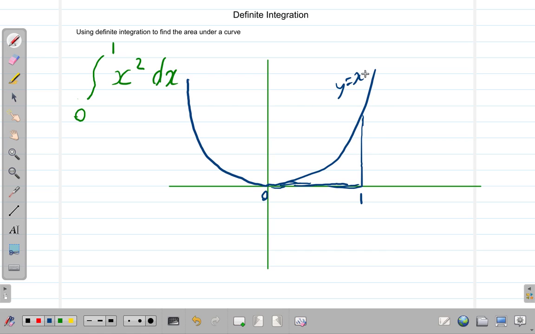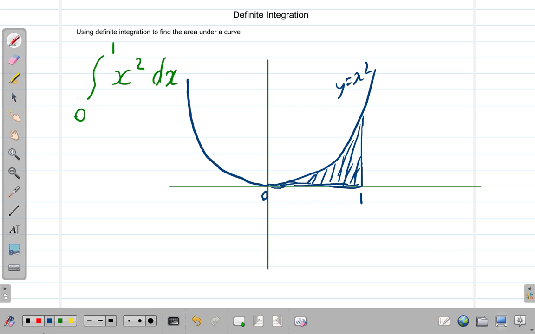This is y equals x squared. The shaded area that you're going to find is this. As I said, you can use calculus, but you don't have some other way of getting an accurate value of this area. You could try and estimate the value of this area using some other method, but I want an accurate area. You have to use calculus.